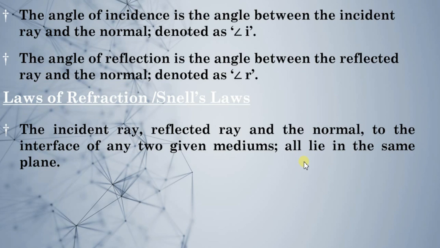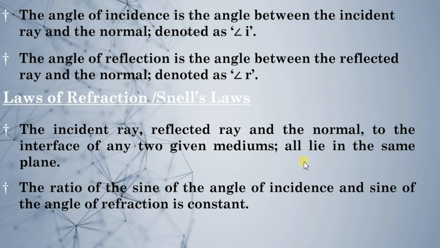Similarly, the second law states that the ratio of the sine of the angle of incidence and the sine of the angle of refraction is constant. Earlier we saw that the angle of incidence is equal to the angle of reflection, but here you are going to see that the ratio of the sine of the angle of incidence to the sine of the angle of refraction is constant.